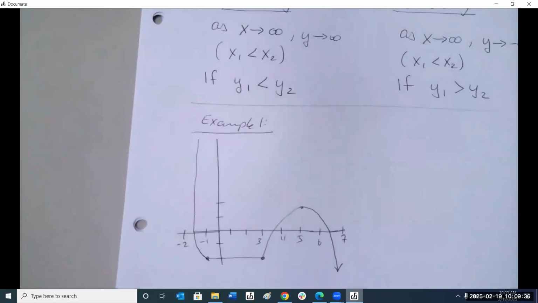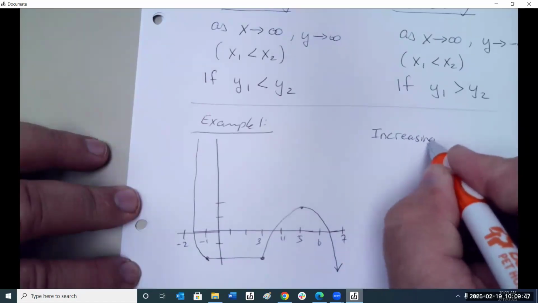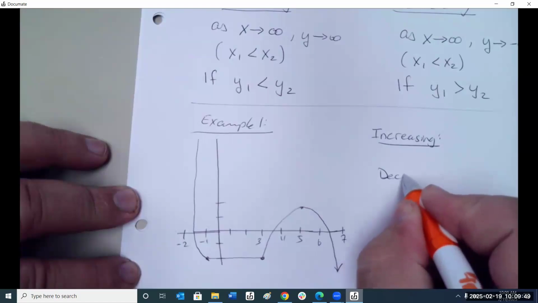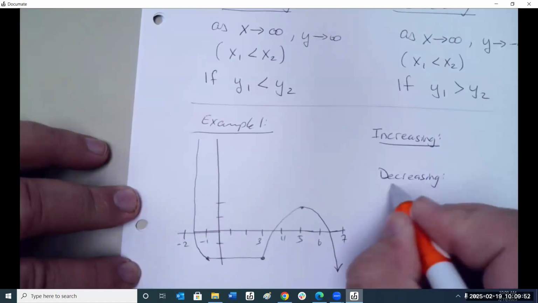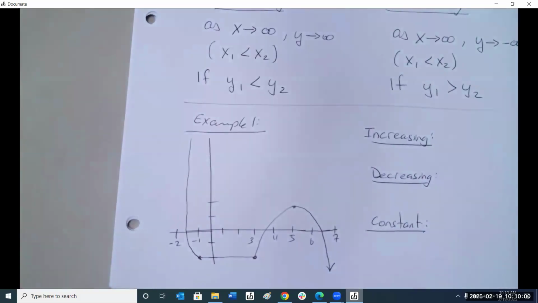Here's my graph. Tell me where my function is increasing, decreasing, and constant. Now, let's draw your picture first. Sorry. You guys waited for me.